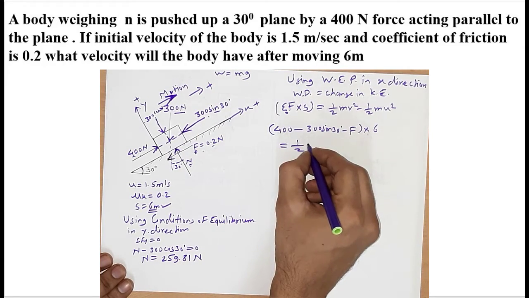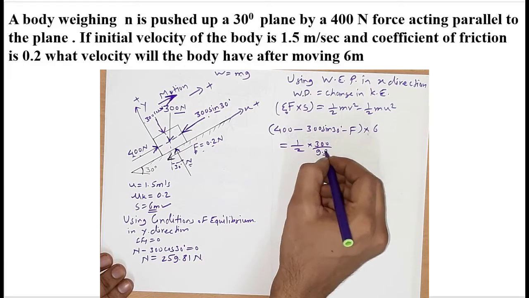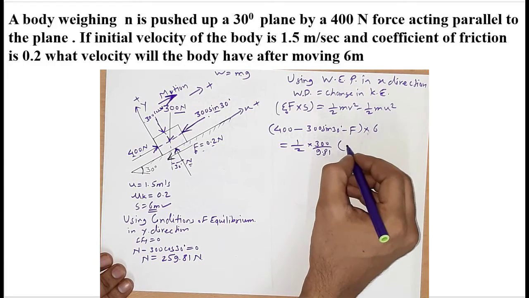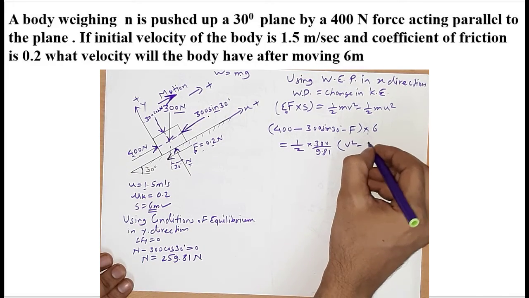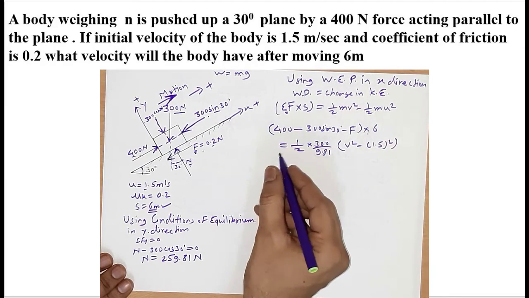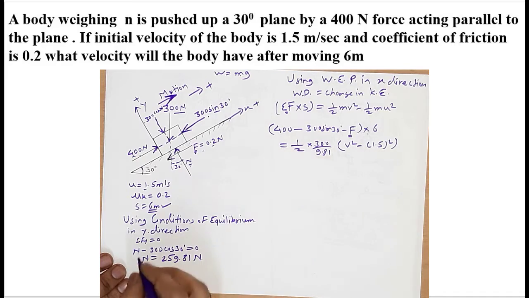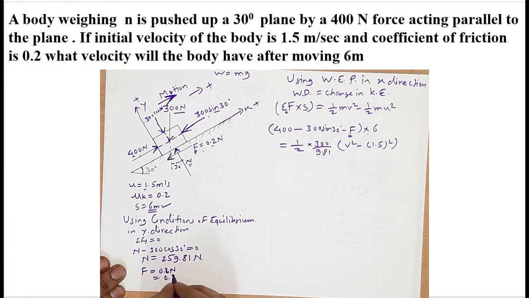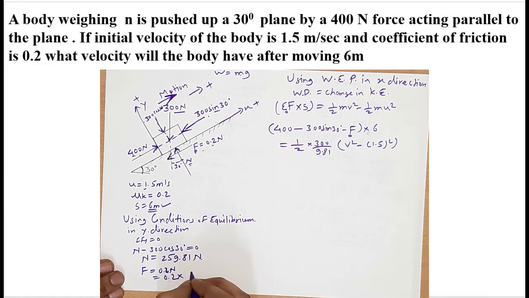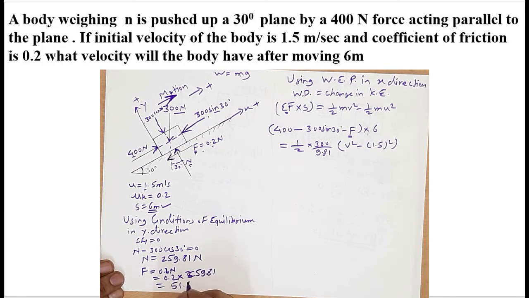So we write 300 divided by 9.81, times half, into bracket v square minus the initial velocity u, which is 1.5, squared. For the value of F, F is equal to 0.2 times n, that is 0.2 times 259.81, which is 51.96 Newton.